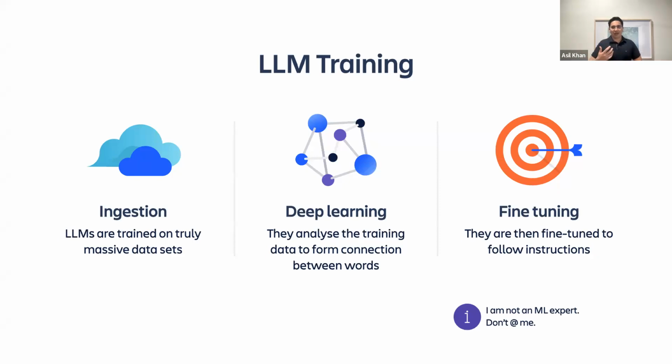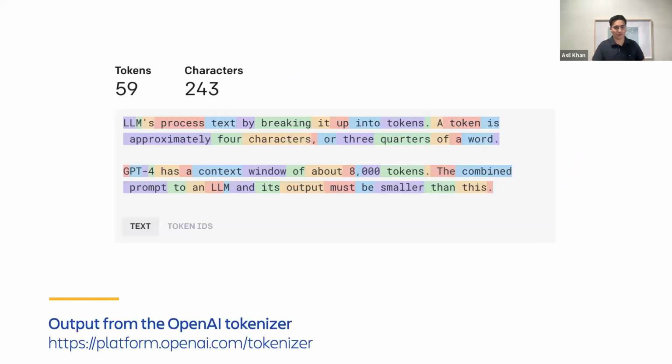The way LLMs operate on text is they break the text up into tokens. On creation of an LLM, the vendor creates a data set of every possible token that they can have, where a token is a string of characters that is generally about three-quarters of a word.